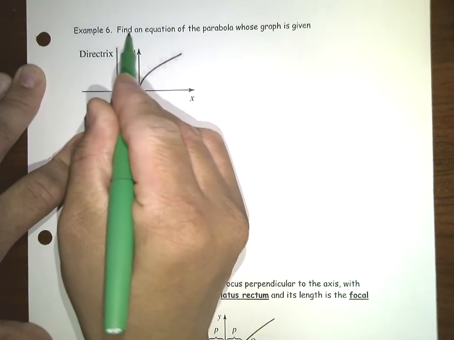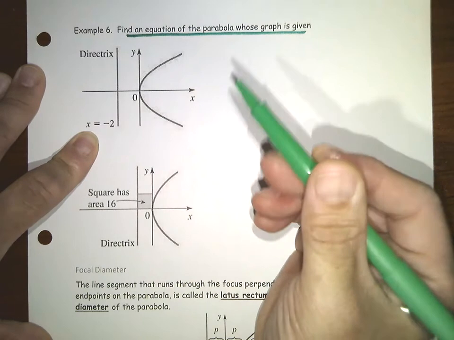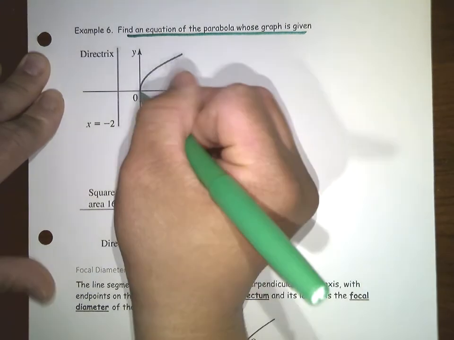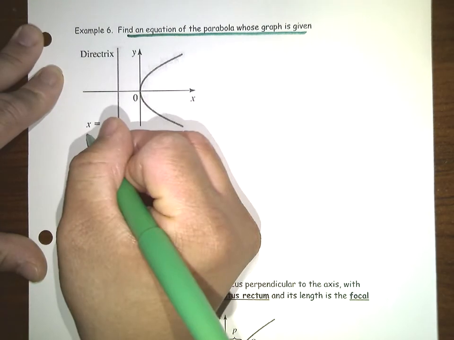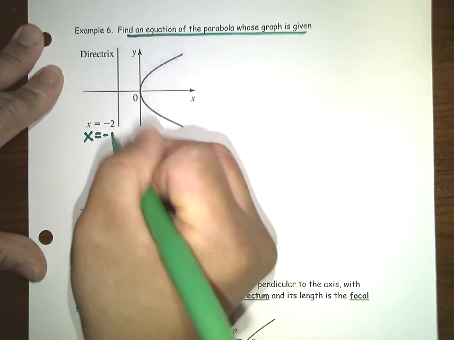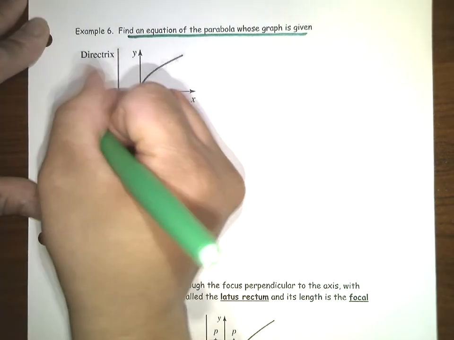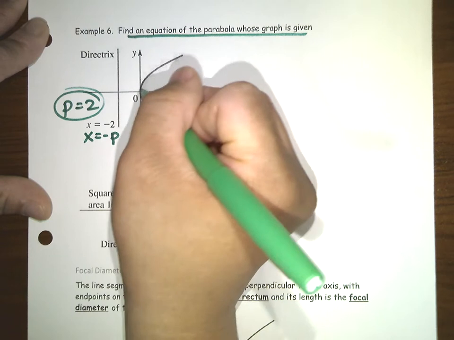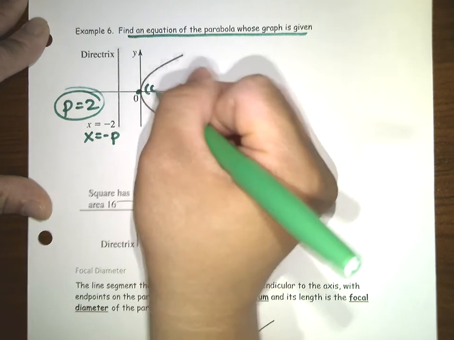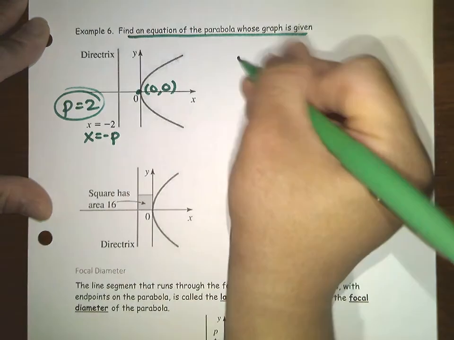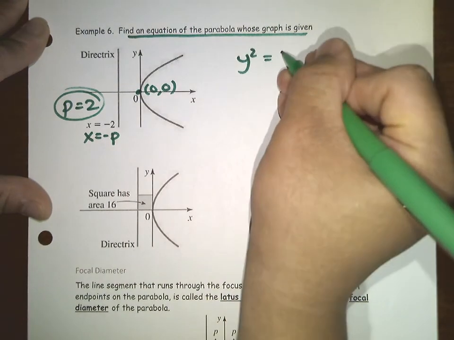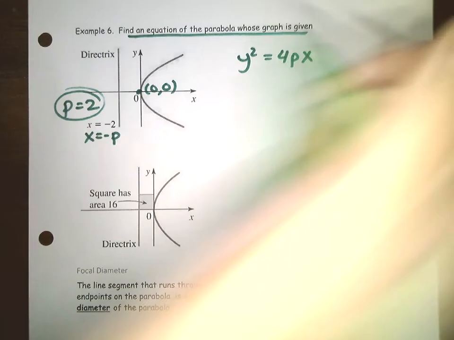So find an equation of the parabola whose graph is given. So we see that there is a directrix at x equals negative p. So that means that p is equal to 2. And the vertex is at 0, 0. So the equation is y squared is 4px.